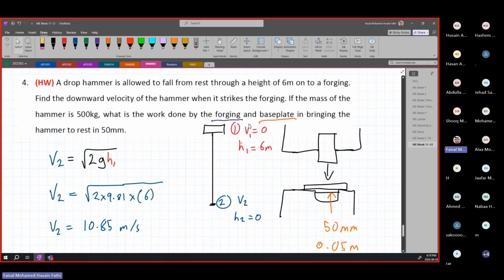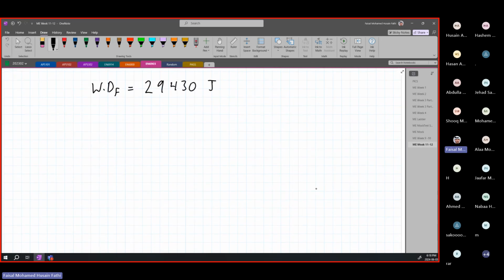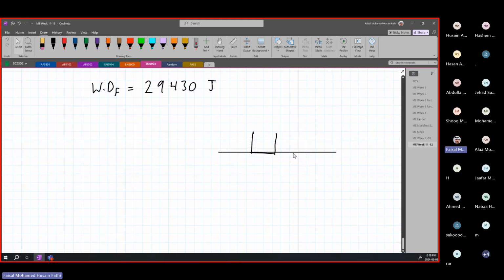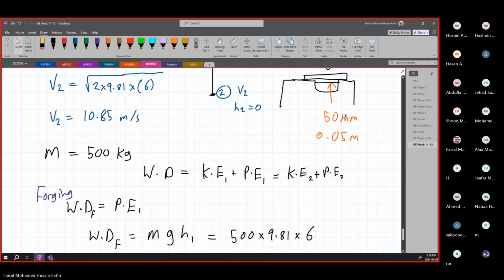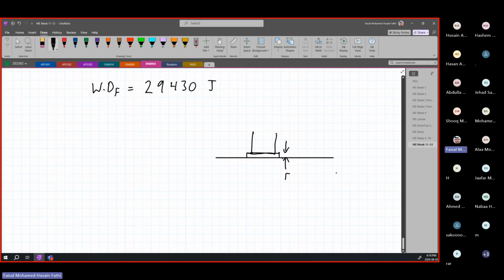Now, let's look at what the base plate meaning is. So the base plate is bringing the hammer to rest in 50 millimeters. So if we have the hammer already at the bottom, at the base plate, this base plate over here is going to go downwards until it reaches this point, basically. And this distance is a very small distance of 50 millimeters.